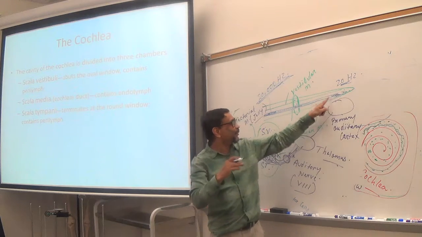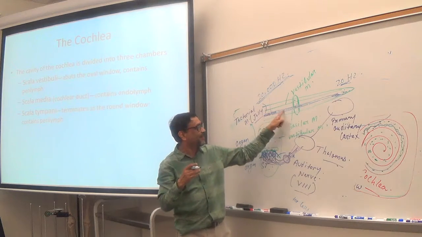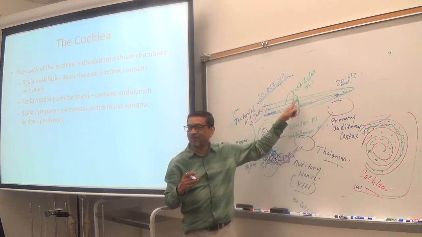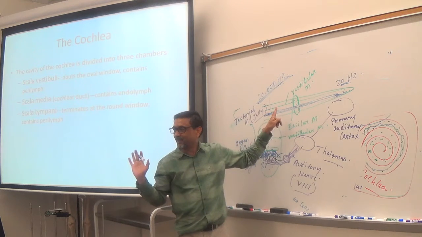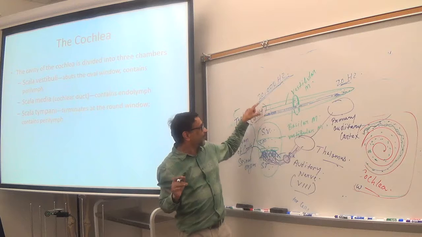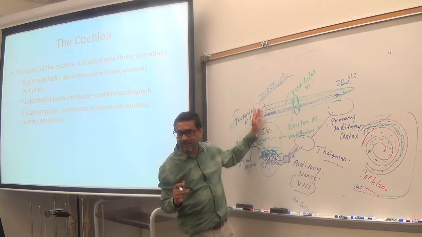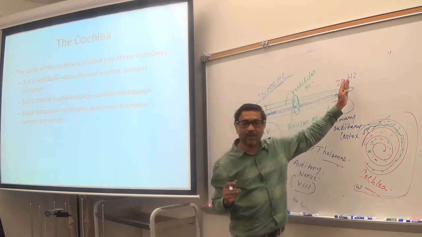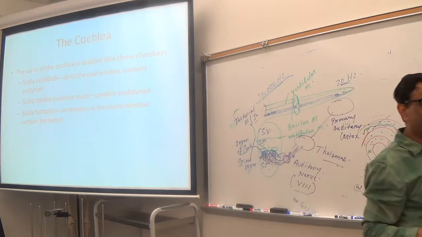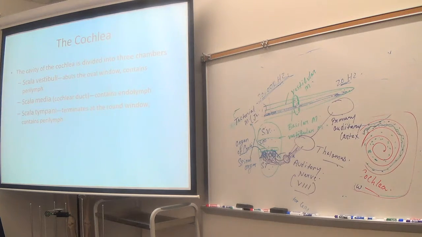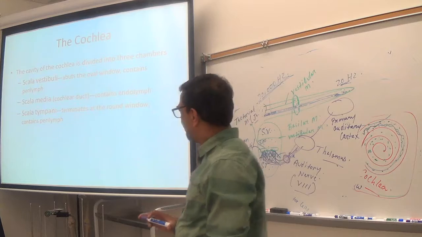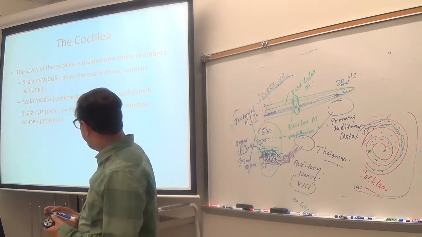So different parts of the basilar membrane will be activated by different frequencies of sound. Okay. At this end you have the high frequency, this end you have the low frequency. Okay. So that I did not explain. We don't want to go into that detail.